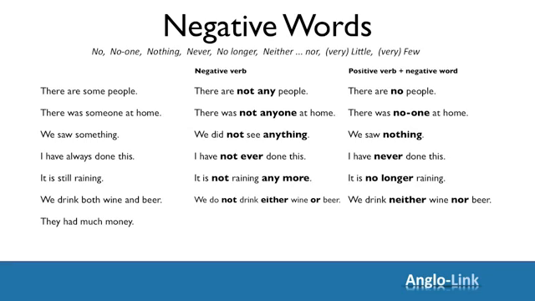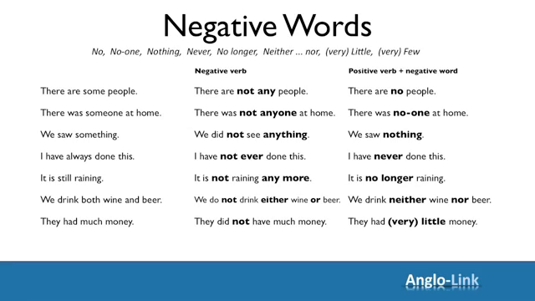They had much money. They didn't have much money. Not much is little or very little. Let's put that in the sentence. They had little money. They had very little money.